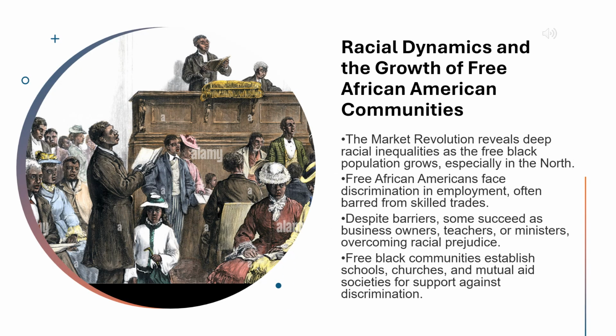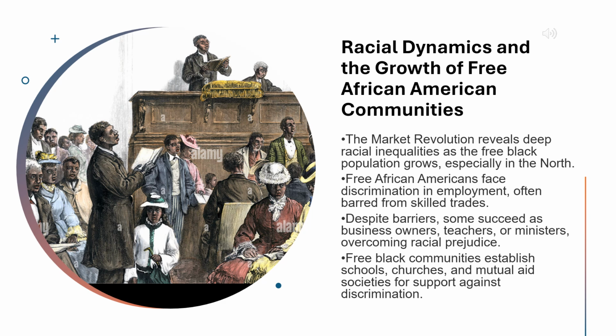While the market revolution brought economic opportunities to many Americans, it also exposed deep racial inequalities. As the free black population grew, particularly in the North, African Americans faced systemic discrimination that limited their access to education, employment, and legal rights.